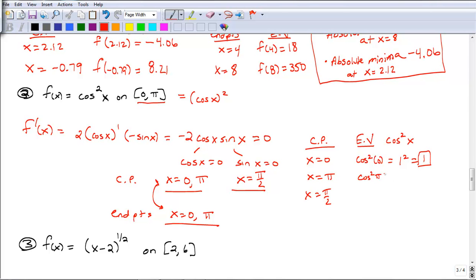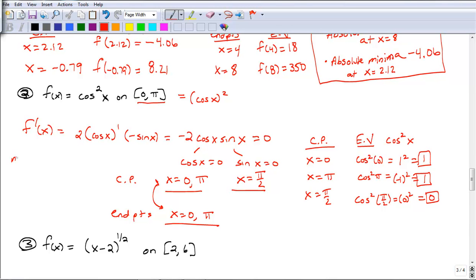Cosine squared of pi, the cosine of pi is negative 1. So the cosine squared of pi is negative 1 squared, which is 1 as well. Cosine squared of pi over 2, the cosine of pi over 2 is 0. When I square it, I get 0.